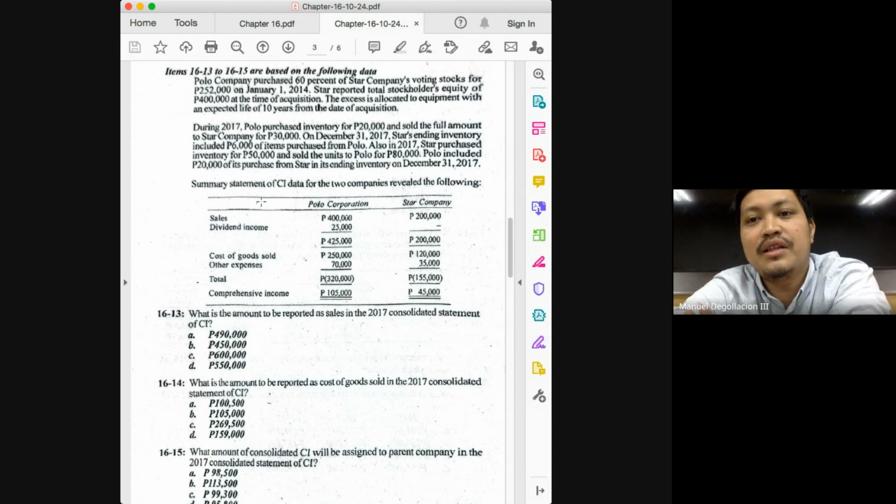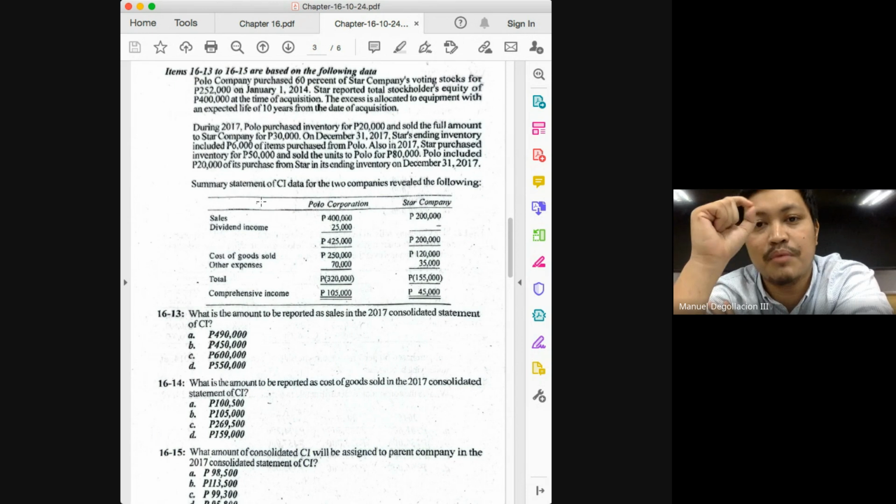Class, if it says that an excess is allocated to an asset, that means there is no resulting goodwill. So the difference between the value of the company as a whole and the fair value of the net assets must be 0.